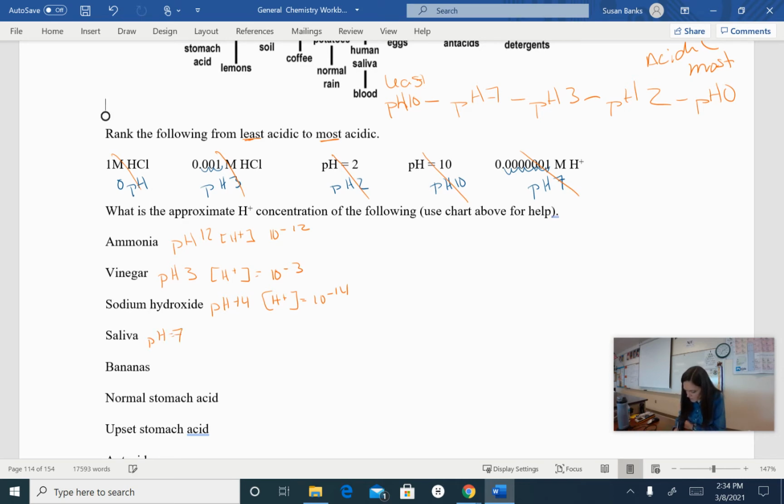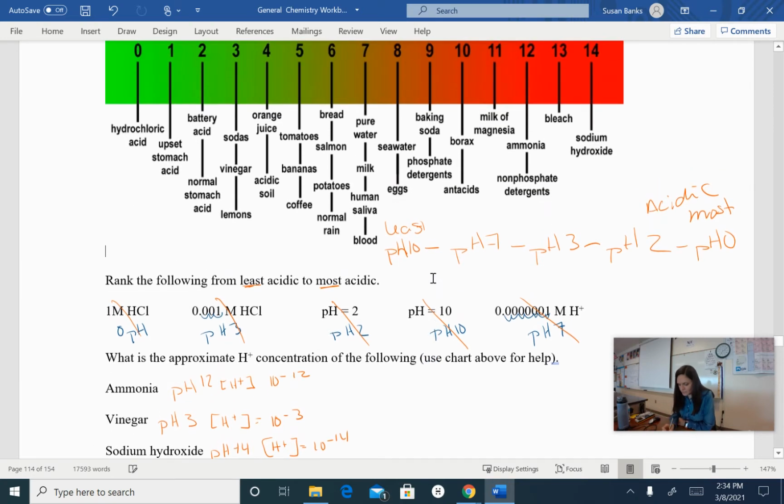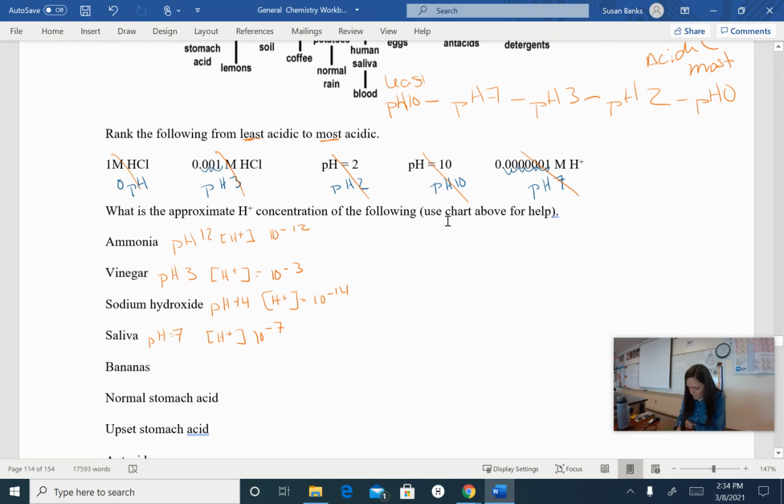That would give me a hydrogen ion concentration of 10 to the negative 7. Bananas are slightly acidic, so they're at a pH of 5. So that would give me a hydrogen ion concentration of 10 to the negative 5.